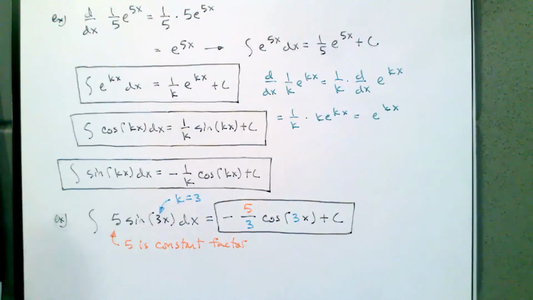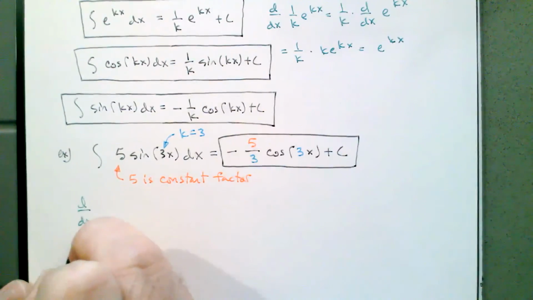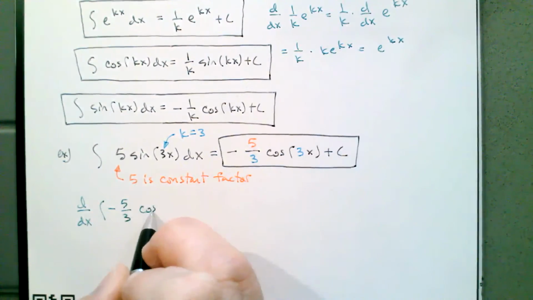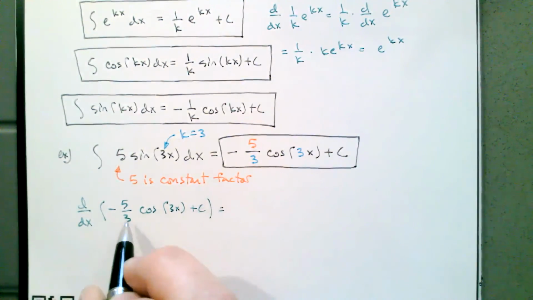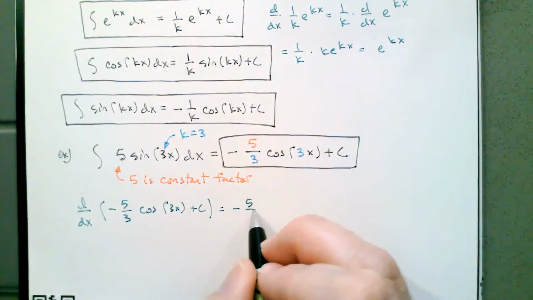If we want to check our answer, the derivative of negative 5/3 cosine of 3x plus c is negative 5/3 times the negative sine of 3x times 3 because of the chain rule. So if we take the derivative of what we just found, the negative 5/3 is a constant factor, so I can hold it outside of my derivative.